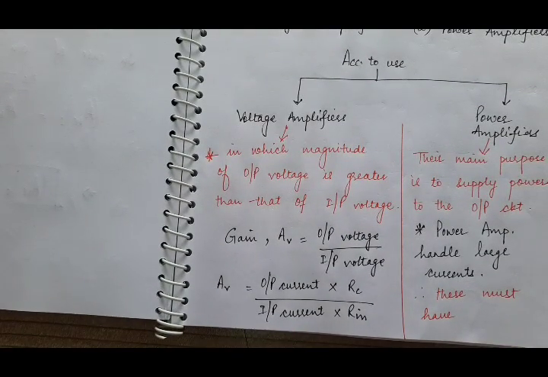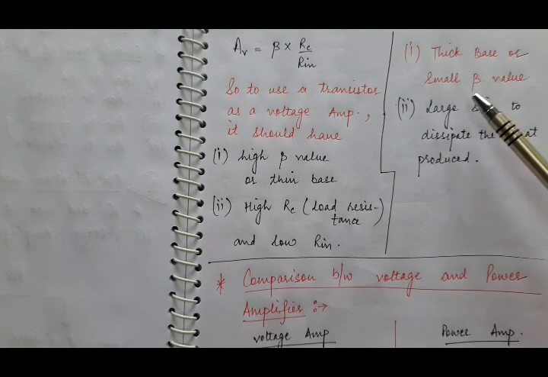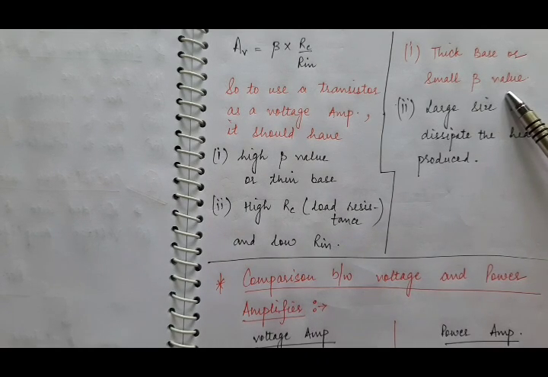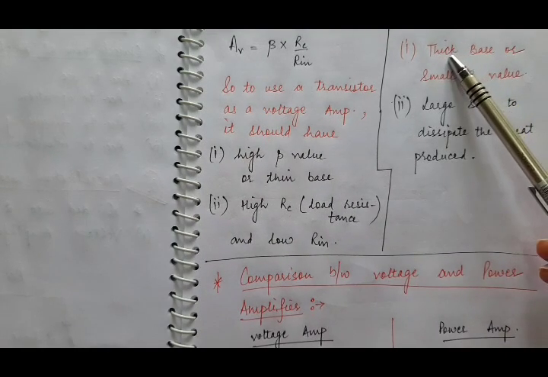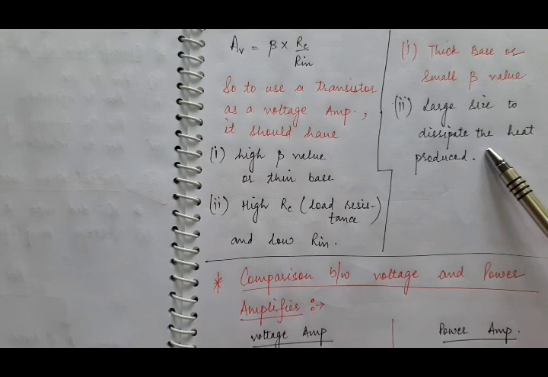So to handle large currents, these must have low value of beta, or you can say a thick base region of a transistor. And to dissipate heat produced during its operation, it should have large size.